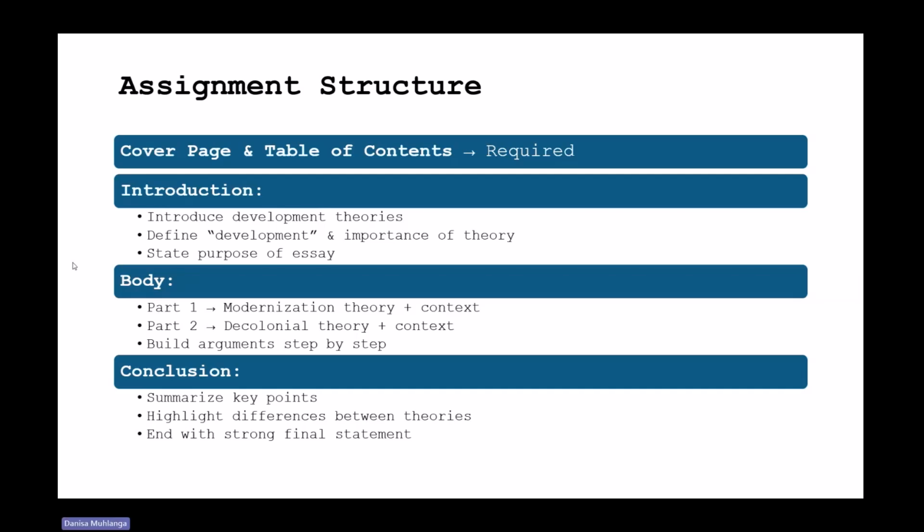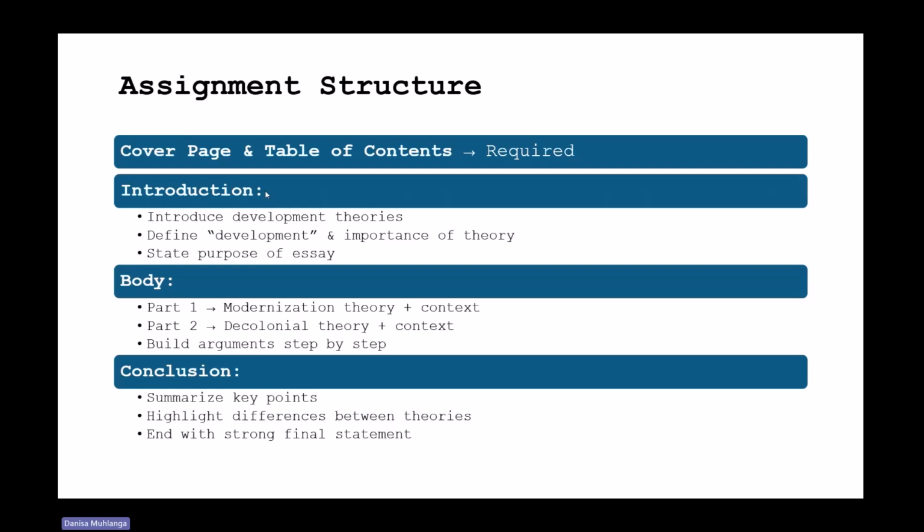And then you need to also include an introduction. As much as we're going to talk about 1, 2, 3, 4, 5, you need to have a section with a heading that says introduction.